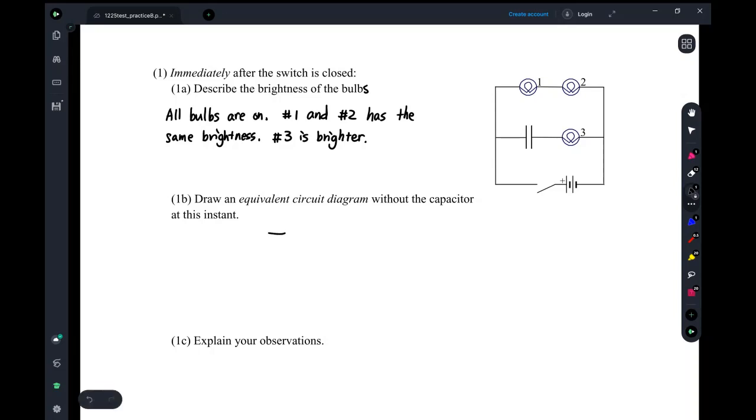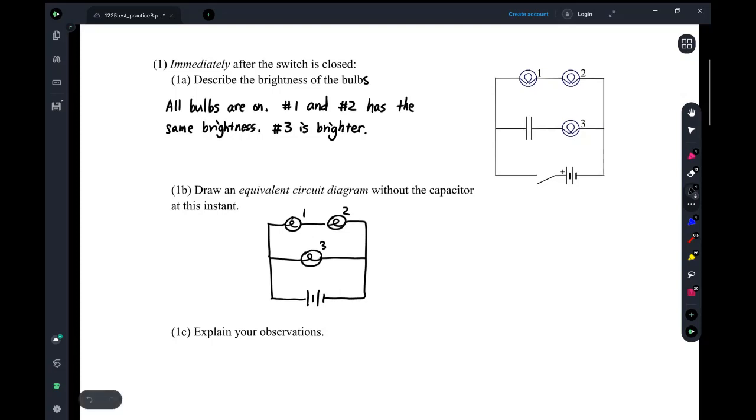So the circuit diagram is number 1, number 2, and this just number 3, and the switch. We don't want the switch, so just connect it to the batteries.